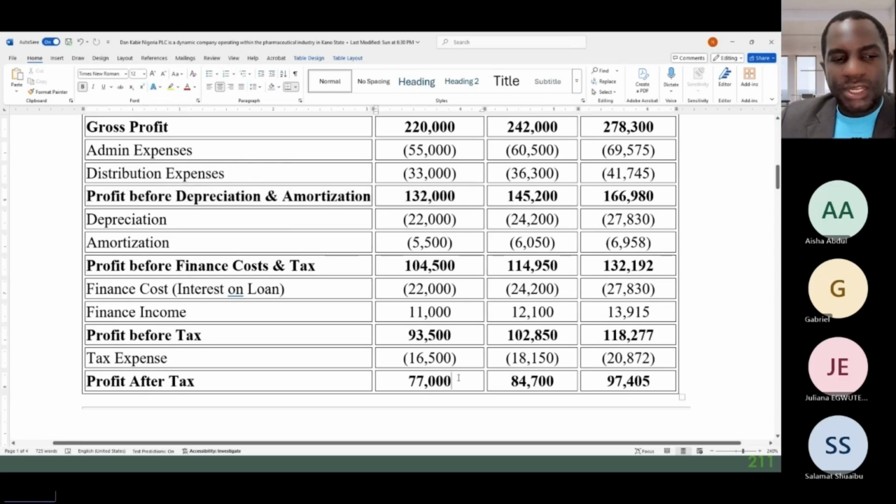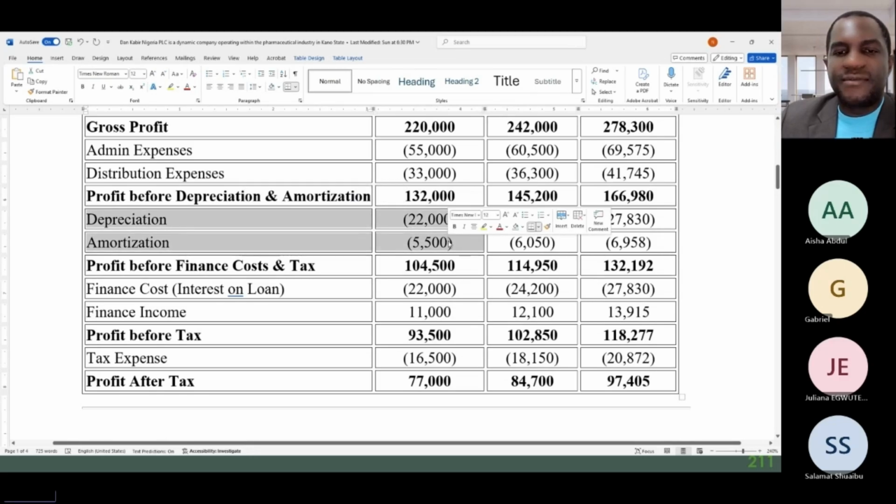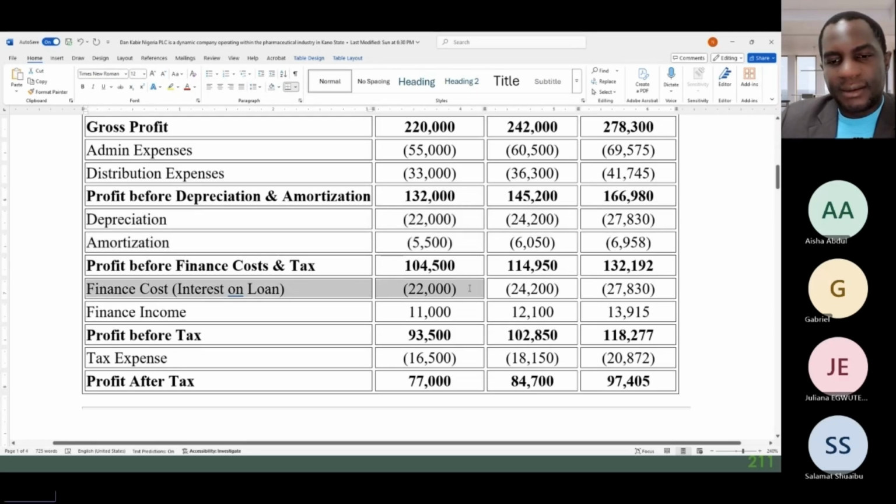But because we want to understand all these expenses that are not directly incurred in the business, they were imposed on the business, like depreciation and amortization is imposed. You must deduct it because of an IFRS provision or a company policy. Finance cost, you borrowed money, so you must pay back.